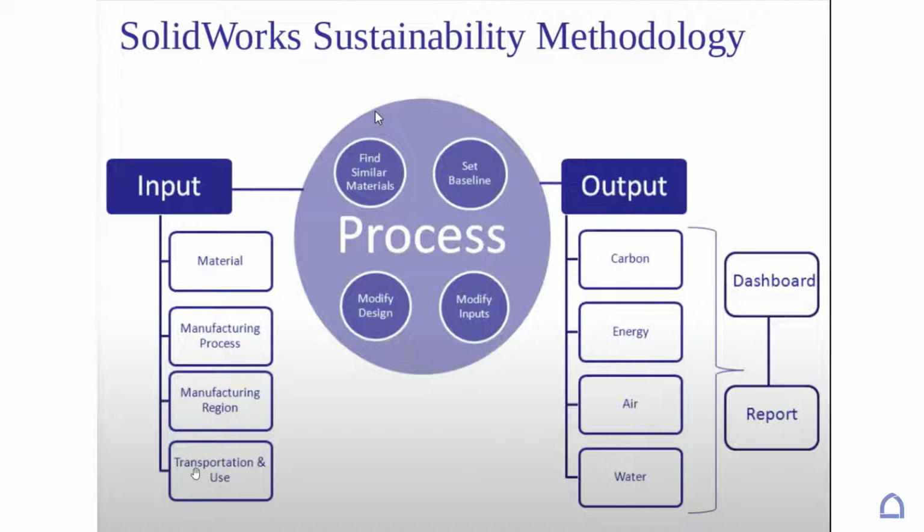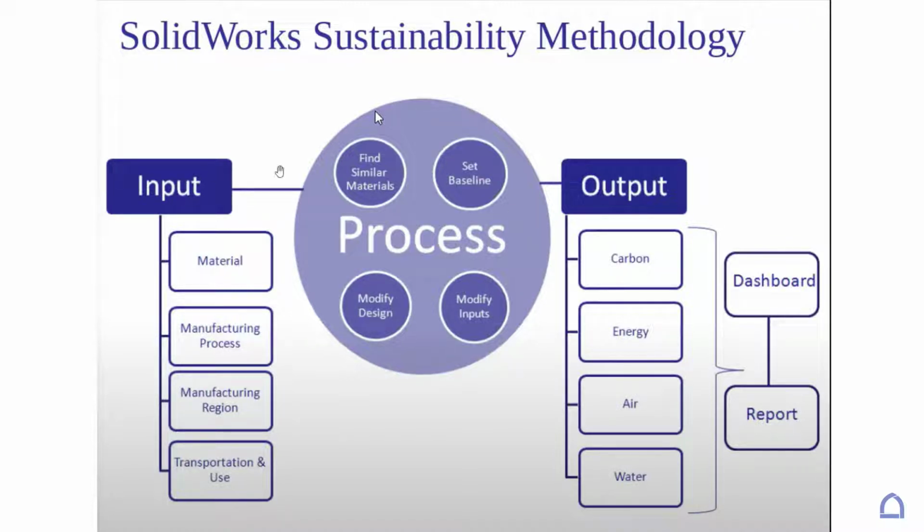Then the transportation method, either air, water or road, and then the use, like total life and the place of use, etc. In the process, we can consider one material as a baseline material, and based on that we can find all other similar materials which possess the same mechanical and thermal properties. We can modify the design of the part, and also we can come back to the input and change all these four parameters. This is the process.